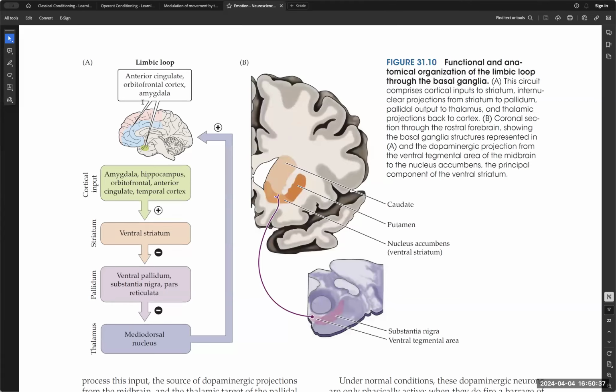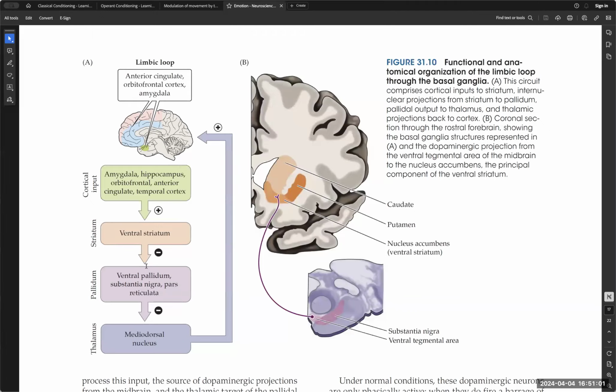Remember, just a big quick review of the limbic loop, the corticostriatal loop in the basal ganglia we talked about, where it starts in the cortex, orbitofrontal cortex, cingulate cortex, temporal cortex, and then goes to the ventral striatum. And of course there are heavy projections from the amygdala to the ventral striatum, and from the amygdala to all these cortices, all right?